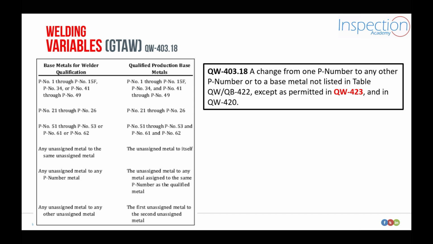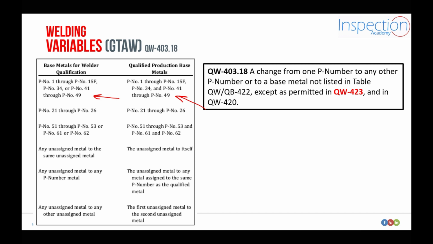Okay, in table QW423, it contains 2 rows: one for the base metal for welder qualification and the other for the qualified production base metal. Let's try to explain this table.